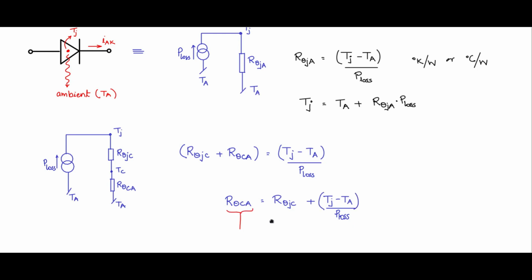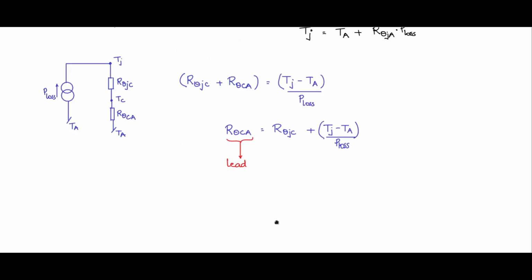So in this way you can choose a heat sink from the commercial set. There are a lot of commercial heat sinks available, and you can look at the data sheets of the heat sink. Then from this calculation you can make a selection.